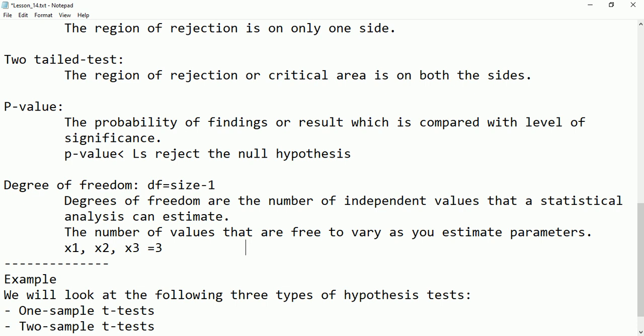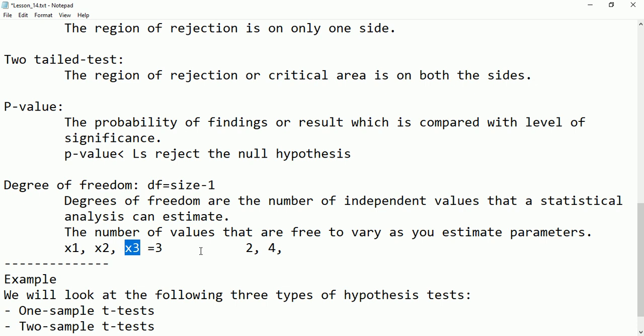Let it be 2. The second variable can also have any number. Let it be 4. If it is 4, now the third variable cannot take any number. That is why we are losing 1 degree of freedom.